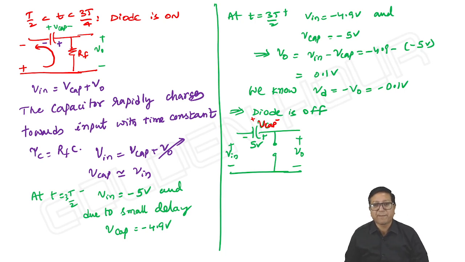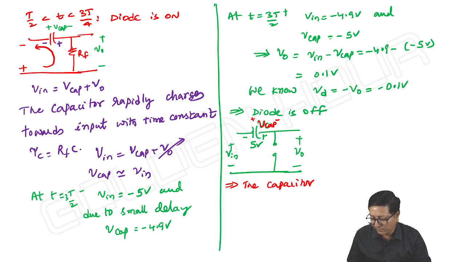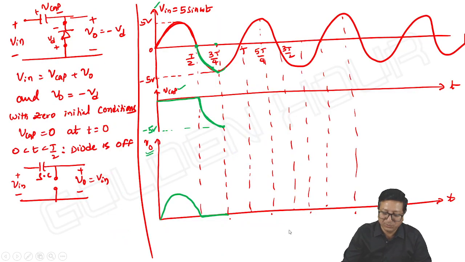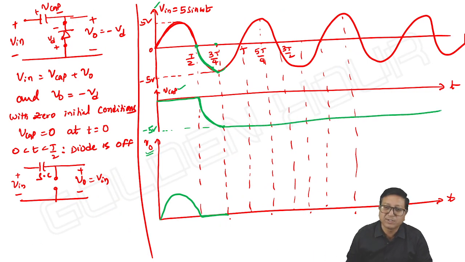Once the diode is off, the capacitor can neither charge nor discharge. Simply it acts as a DC source or battery and maintains that minus 5 volts across it forever.